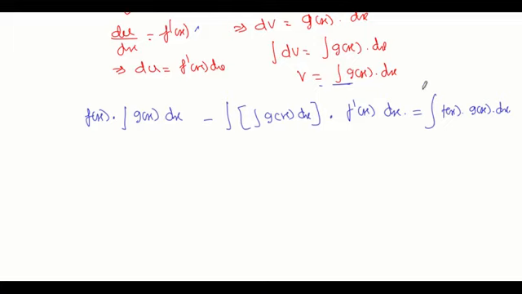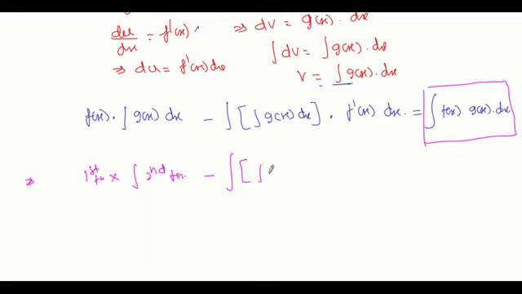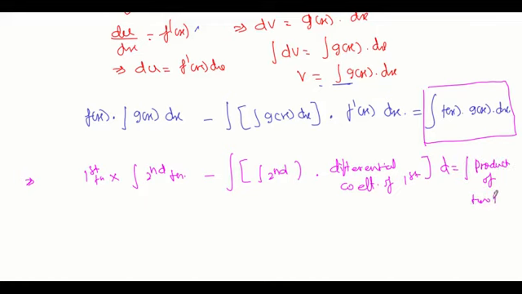The integral of the product of the two functions is nothing but the first function into the integral of the second function, minus the integral of the integral of the second into the differential coefficient of the first, into dx.